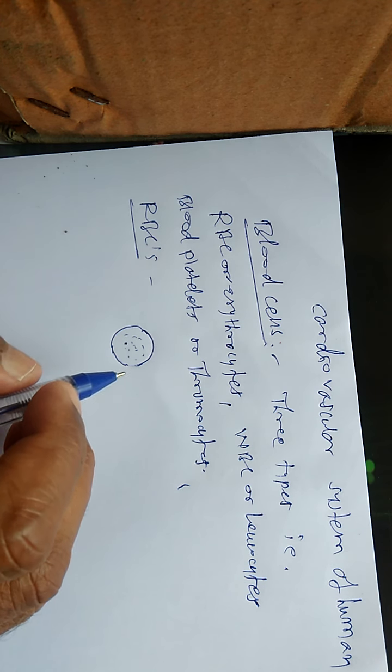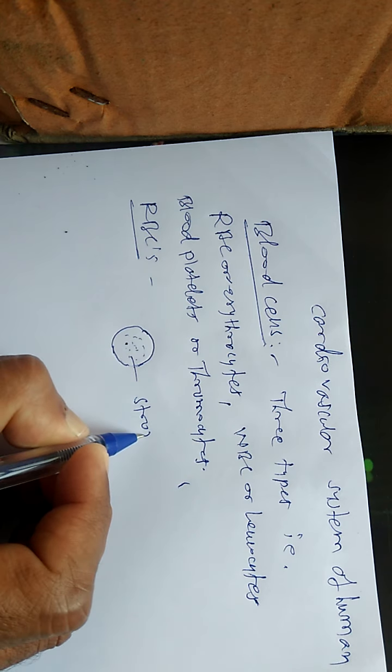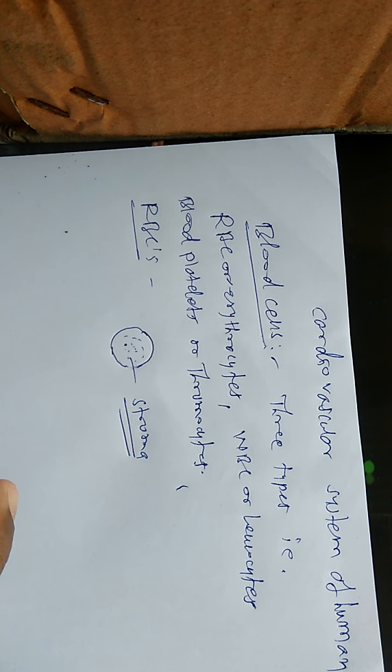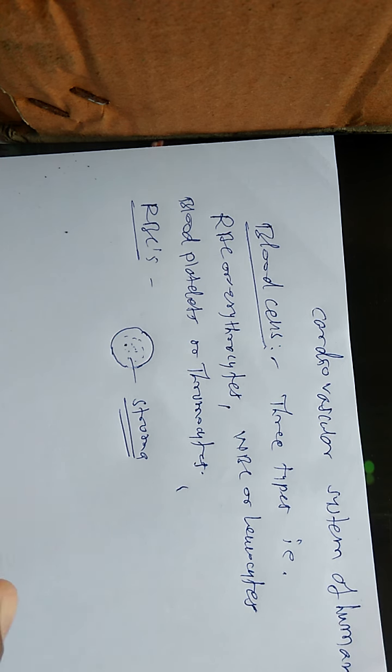In the center there is the presence of the stroma. The RBCs are reddish in color, and due to the iron-containing respiratory pigment called hemoglobin, they obtain the red color.